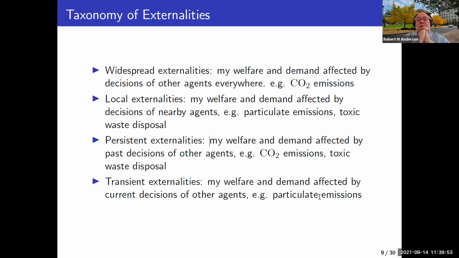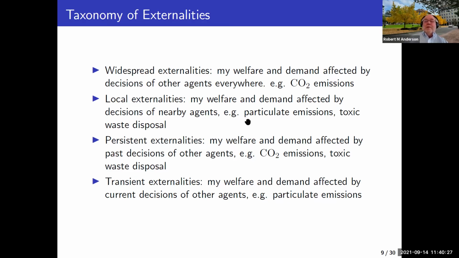So CO2 emissions basically impact globally. The consequences may be different in different regions, but if I release CO2, it basically disperses through the atmosphere, and CO2 locally is not toxic. If I have a very high buildup of CO2 in a closed building without sufficient ventilation, it might be an issue, but locally CO2 is not toxic.